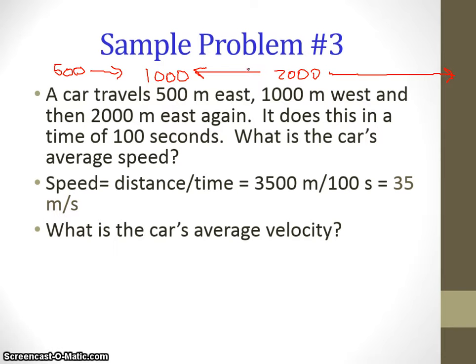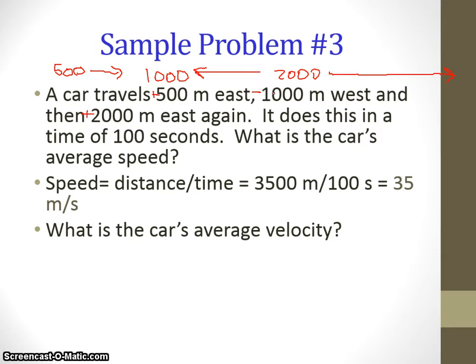So 500 and 2,000 are both in the east. They're both toward the east, so we can add them together. But then this one is to the west, so we subtract it. So it's almost like saying this is positive, this is negative, and this one is positive.